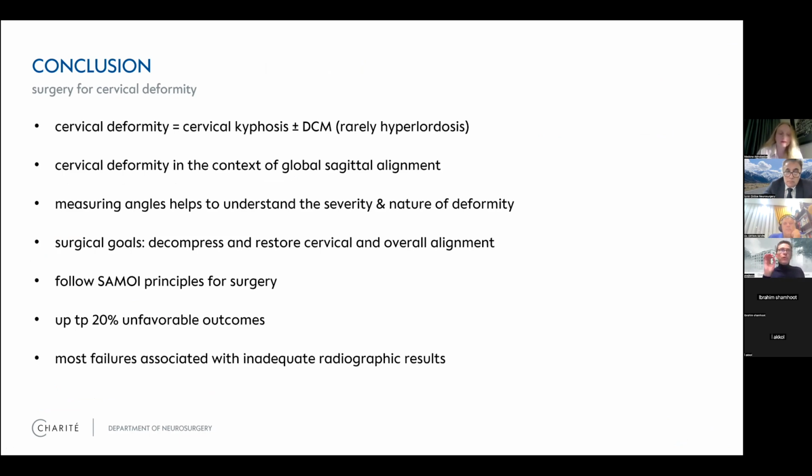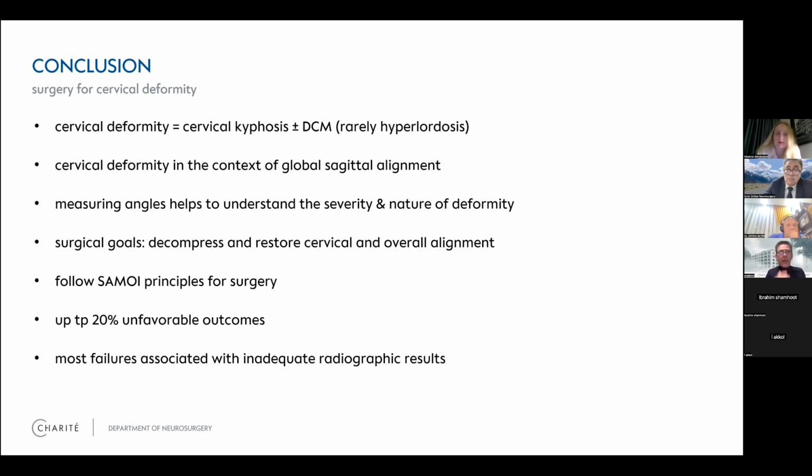And there are only a few cases, like the hyperlordosis syndrome at the axial spine, where you have problems due to hyperlordosis. You always have to learn to understand cervical deformity in the context of the global sagittal alignment. Often cervical deformity is the result of misalignment in the thoracolumbar area.